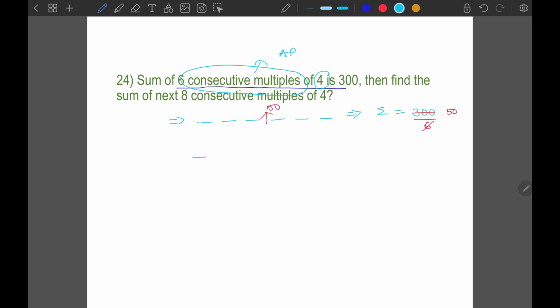We have to find the mean of the next 6 multiples, this 5, 6, 7, 8. So the mean will be around here. The multiple of 4 after 50 is 52. Right? 52. So to get to here, we need to add plus 2.